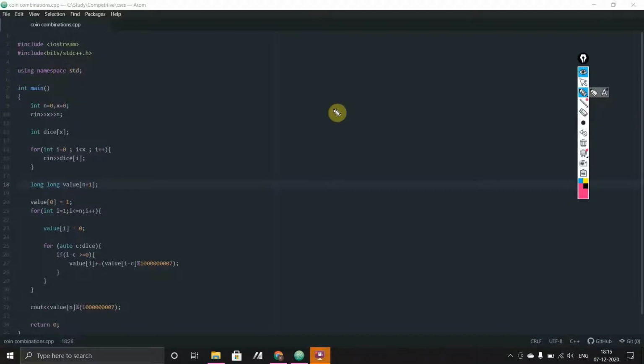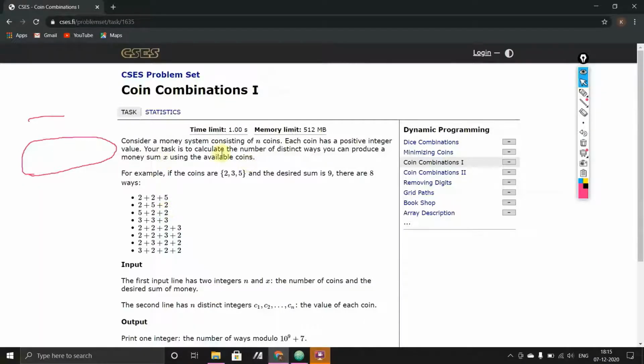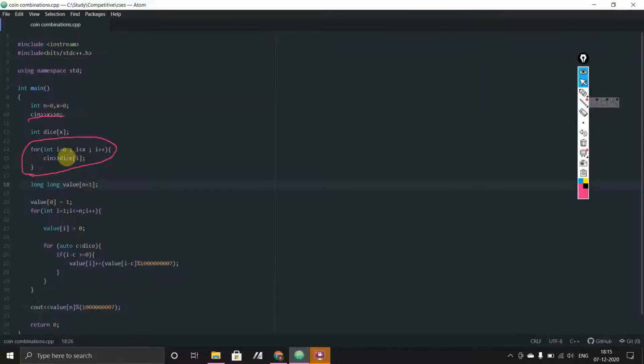So yeah, let's start from here. As the question said, we are taking an input of values x and n, and the values for this array, that is coins, but in this case I have written dice, but again you can take any name you want.